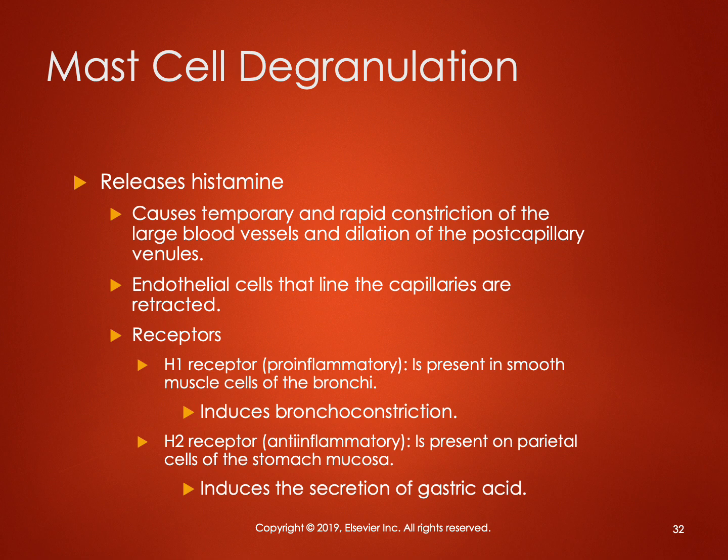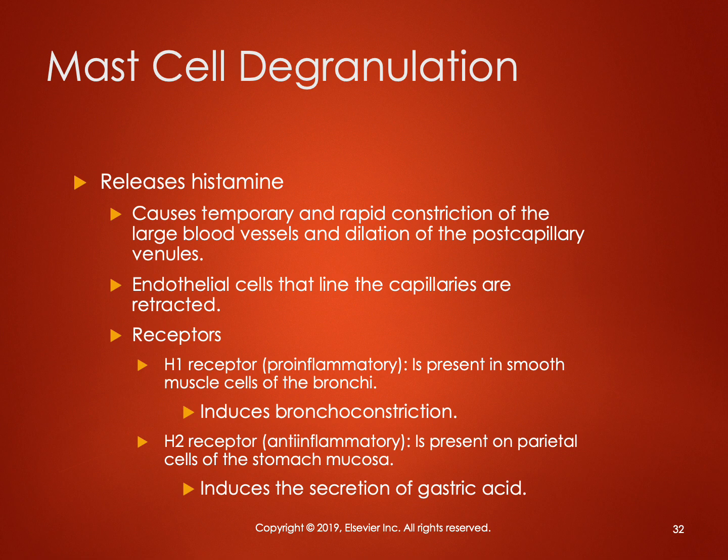And so when we talk about histamine specifically, which is very potent, what histamine does is it causes the temporary constriction of smooth muscle, and it also causes dilation of the postcapillary venules, both of which will result in an increased blood flow and microcirculation.